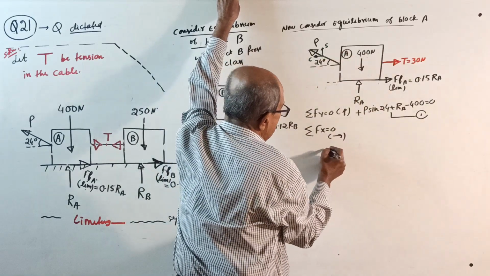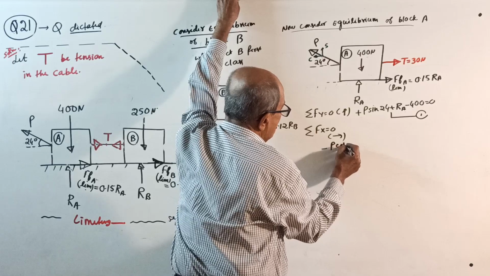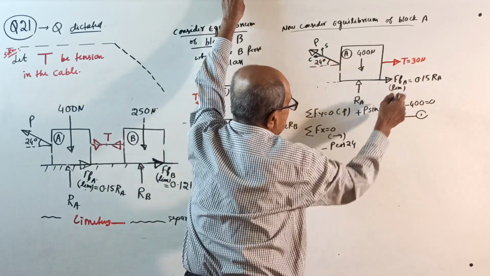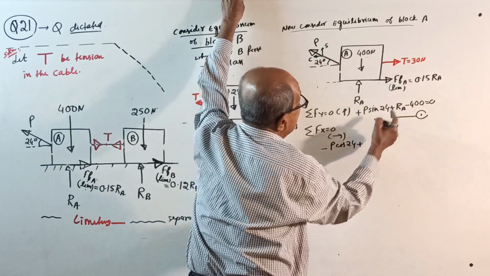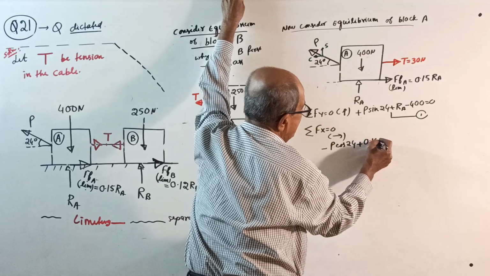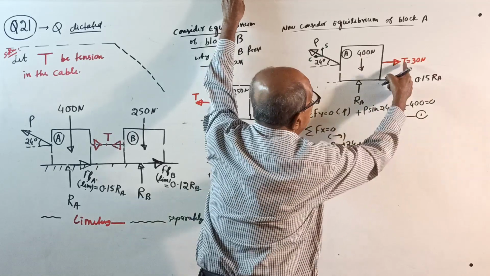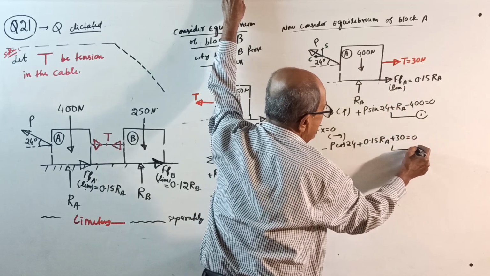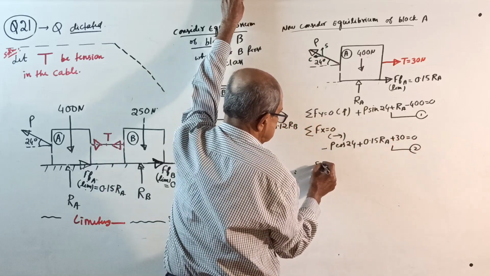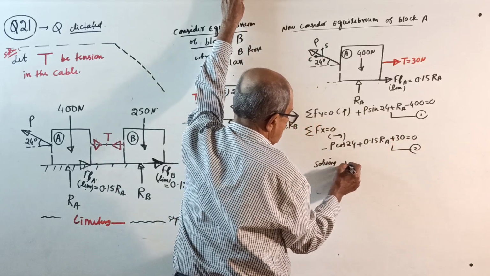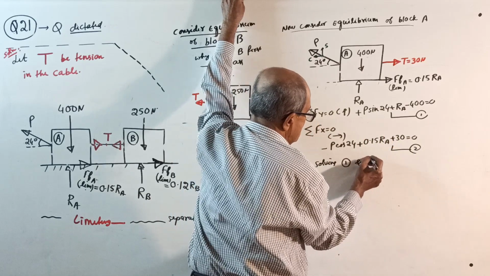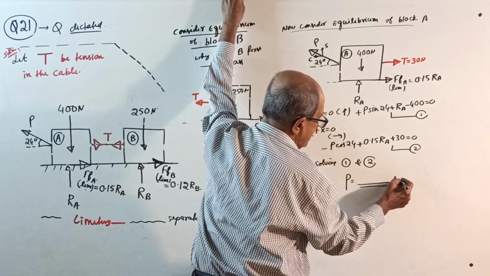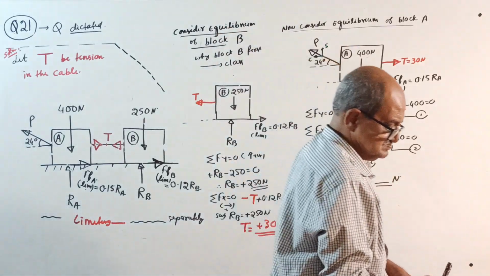It will become minus P cos 24 plus 0.15 RA, and then plus 30 equal to 0. Call it equation number 2. Then solving 1 and 2, you get the value of P in Newtons. That's all, question over. I'll give the answer.